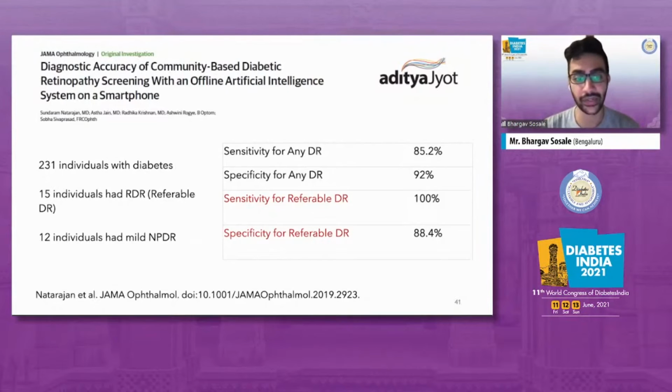This was actually an interesting study because we had no medical personnel involved in using the device or providing a diagnosis, except for the purposes of verifying the results of the AI. So we screened 231 individuals with diabetes, and we saw that the sensitivity for referable DR was 100%, and the specificity was 88.4%.